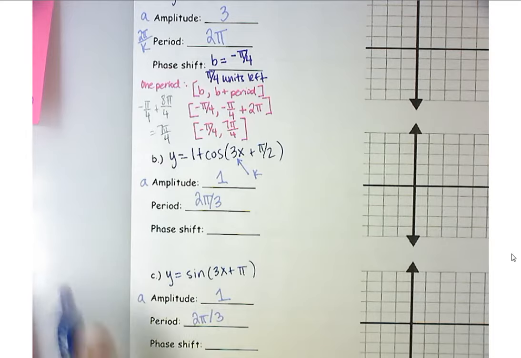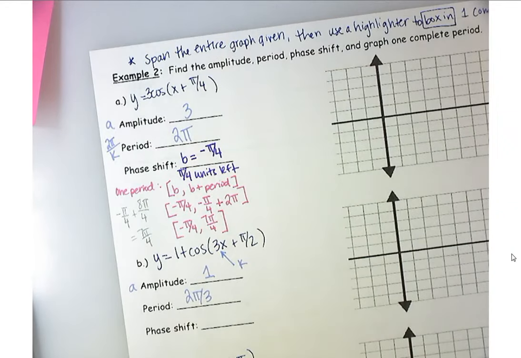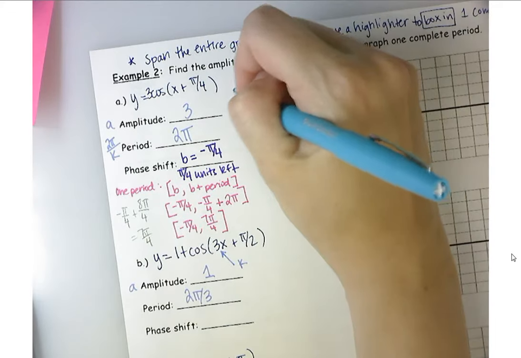Because our phase shift is negative pi over 4, what should be our units on our graph? Pi over 4. And I'm just going to write that out for the first one so you know where that's coming from.